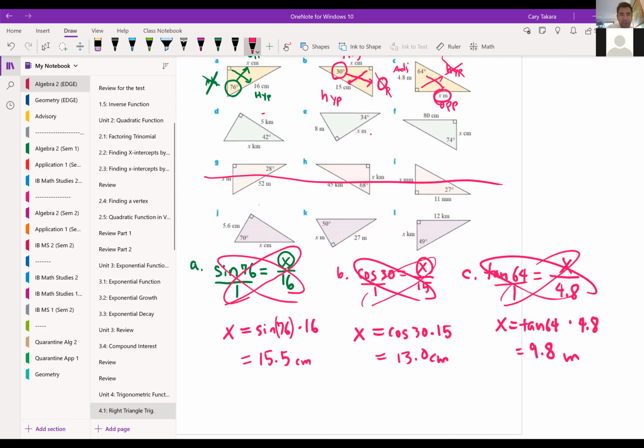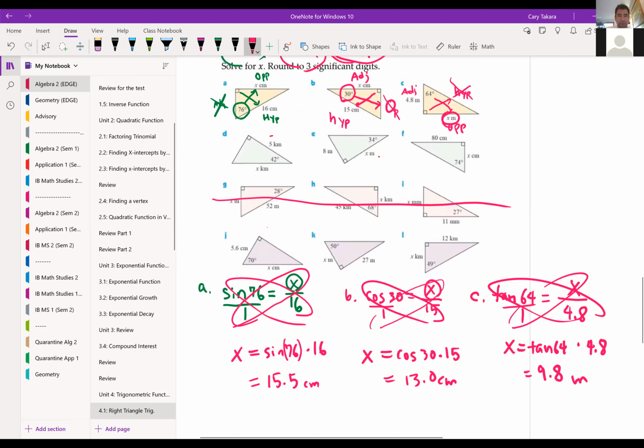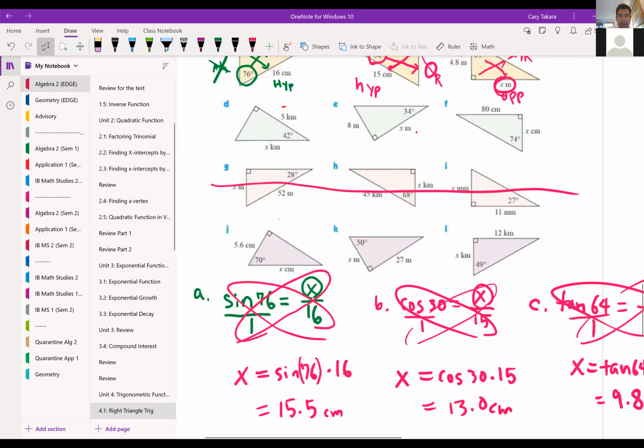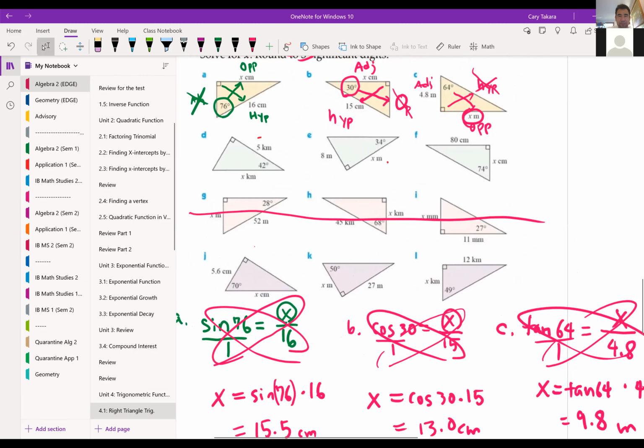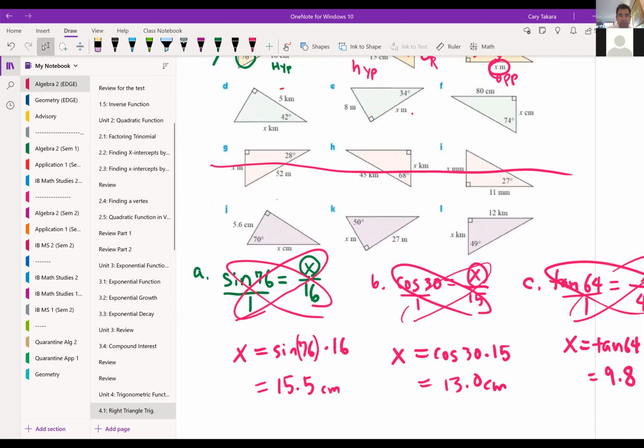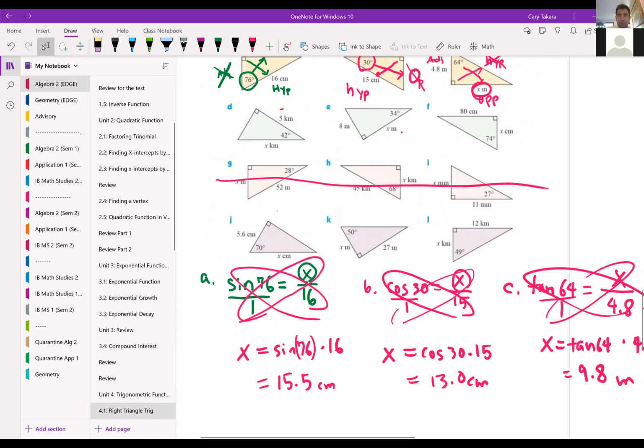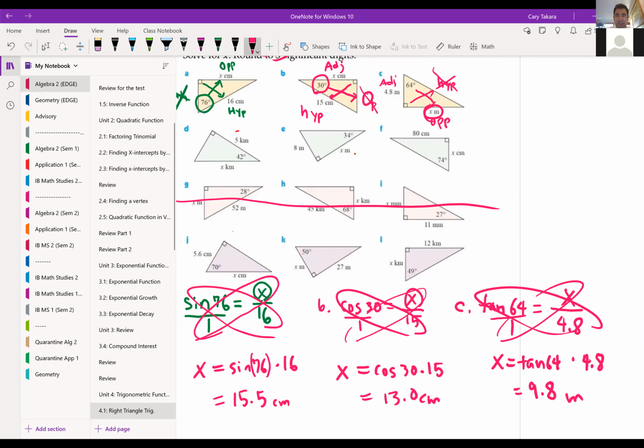I'm looking for the one that has x in the denominator. G, H, and I are all in the numerator too, which is not good. So let's do D. Running out of room here, so I'm going to do D right here.